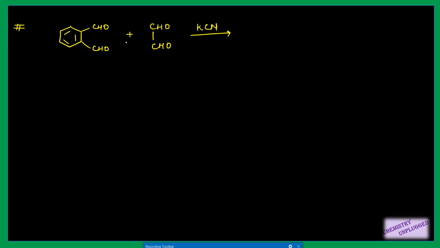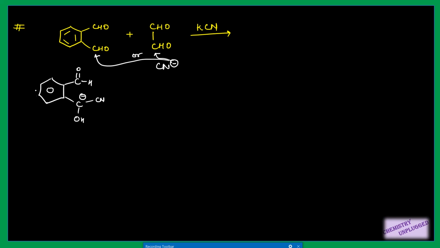Next, again the same question. We have two types of aldehyde here, so we have to decide which will be attacked first. If I am using CN minus, then this CN minus can attack on this one. Suppose it is attacking on this carbon, or it can attack on this one, right? If I attack on this carbon, then when I generate a carbanion, suppose this is my carbanion, this negative charge can be delocalized over this benzene ring.